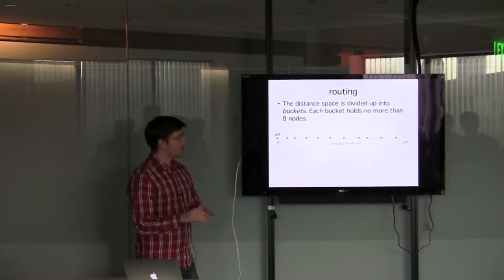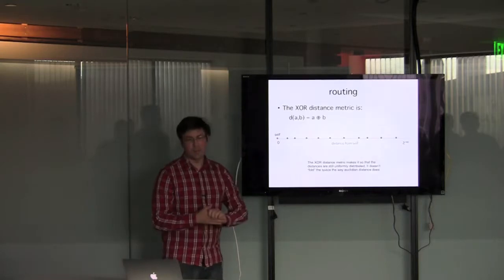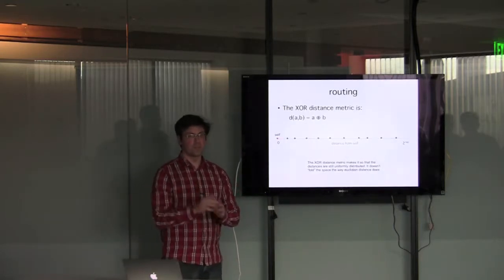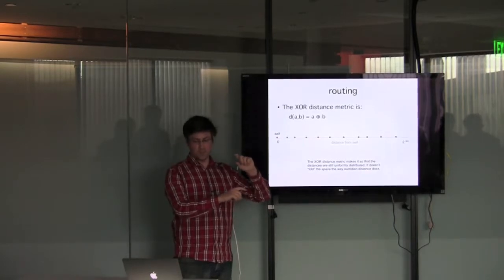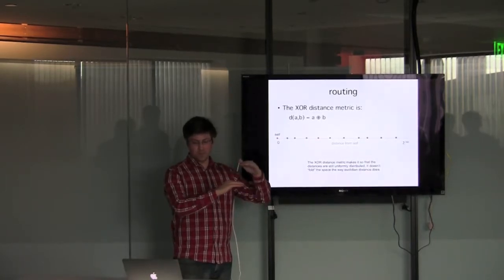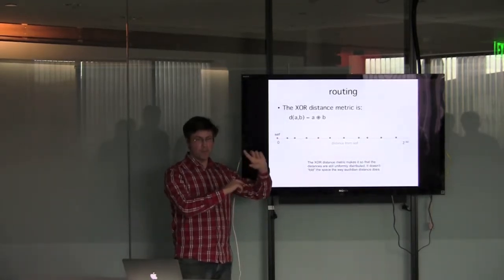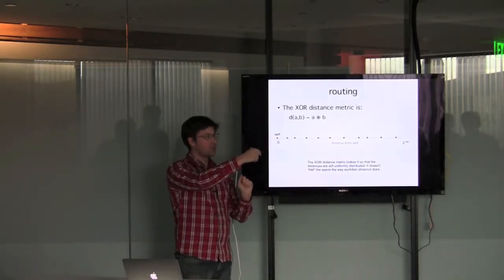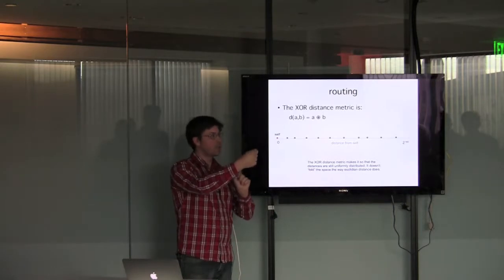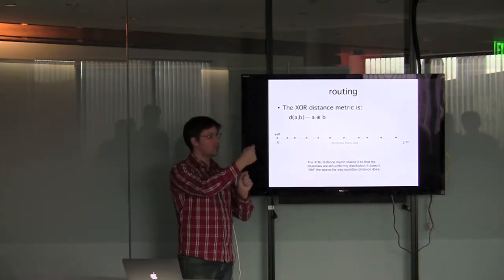XOR, really weird. Can you describe the XOR operator, in case not everyone's familiar? Right. XOR is a bitwise operator where if both values that you're XORing have the same value, you get a 0. If they have different values, you get a 1.